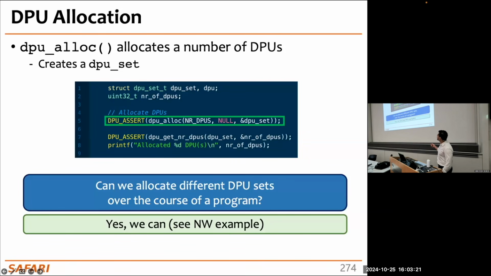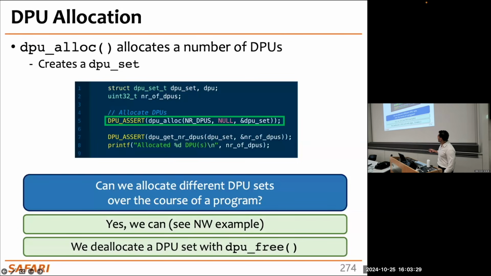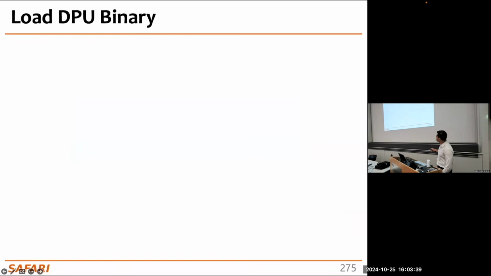So you can allocate different DPUs in the course of the program. You can have this, for example, in a loop, and you can allocate and deallocate as you go. You deallocate DPUs using the DPU free, which is the equivalent of the DPU alloc, and then you pass the DPU set.